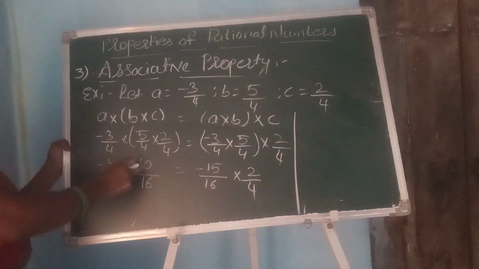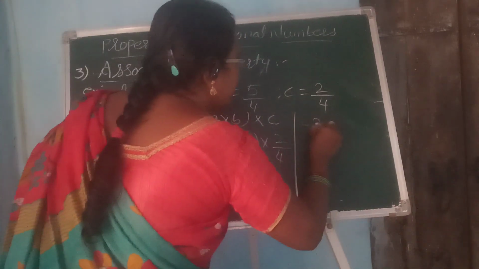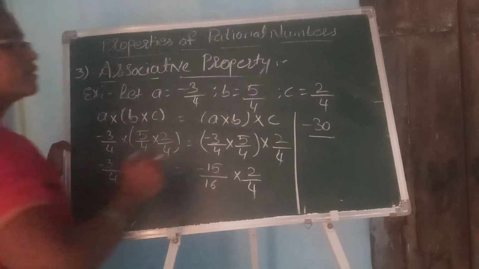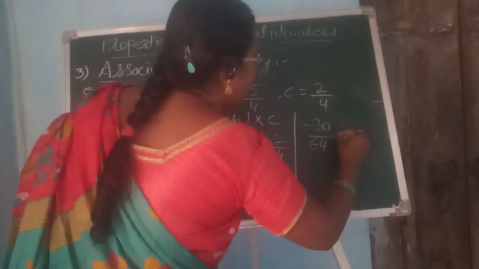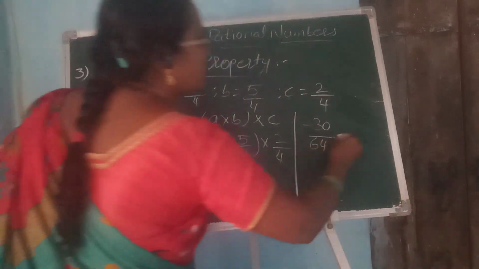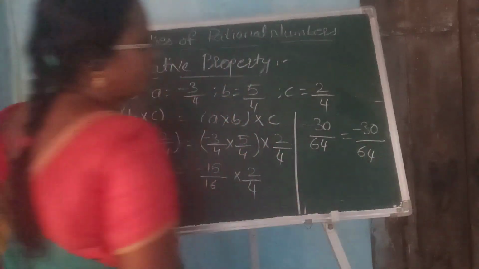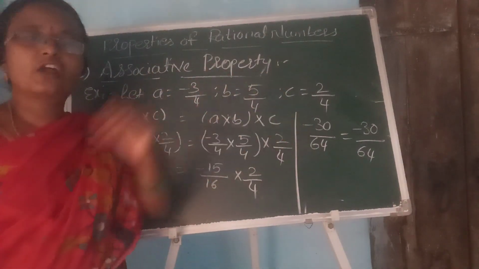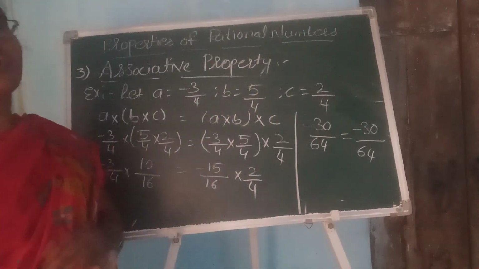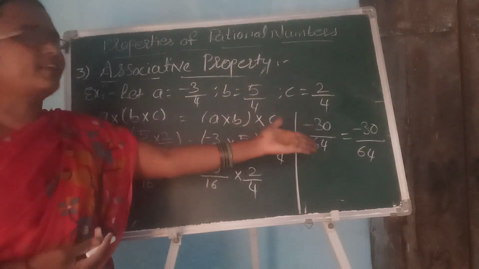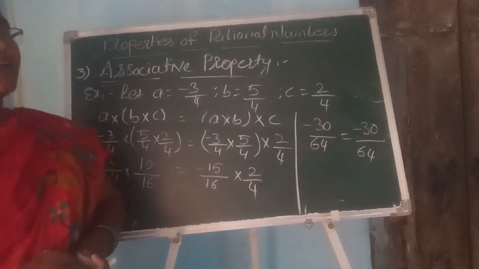So 3 10s are 30, minus 30 by 16 4s are 64, equal to 15 2s are 30, minus 30, 16 4s are 64. You can cancel them and make simple terms, or you can leave it here also. So now we observe that minus 30 by 64 is equal to minus 30 by 64.